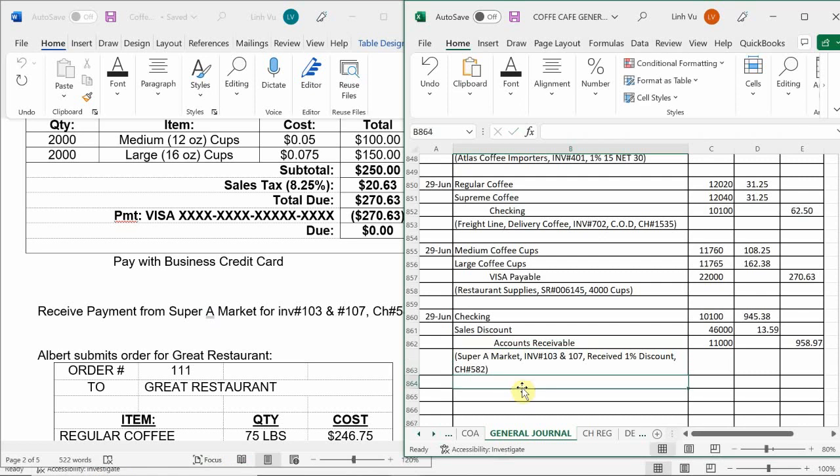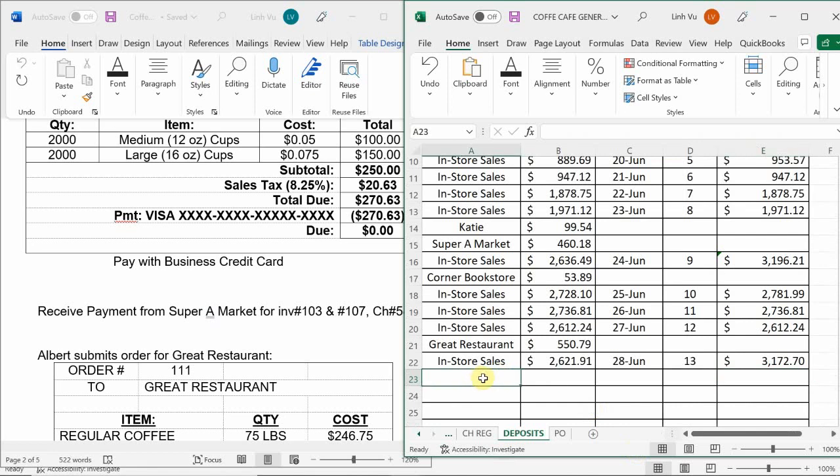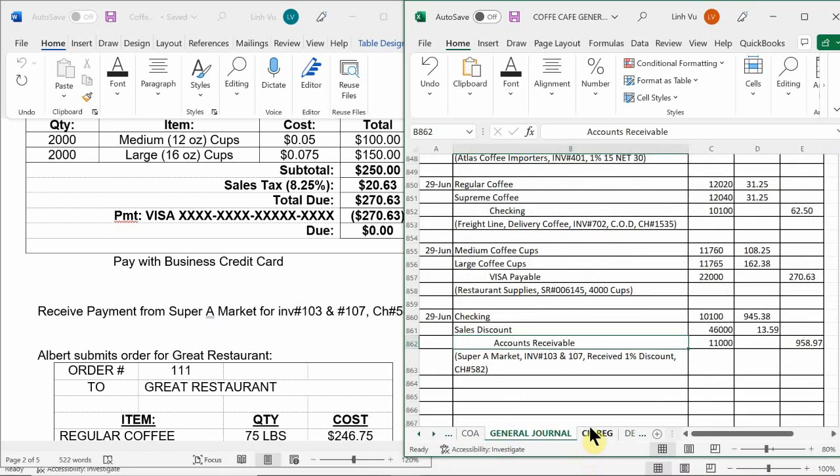So then, let's go ahead and update my deposits here because I received a check from Super A Market for $945.38.